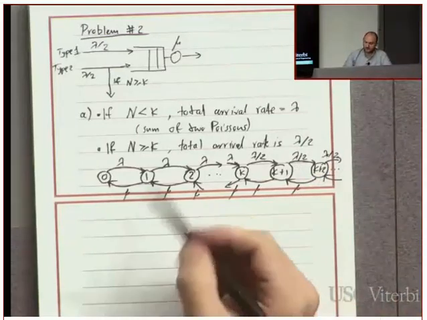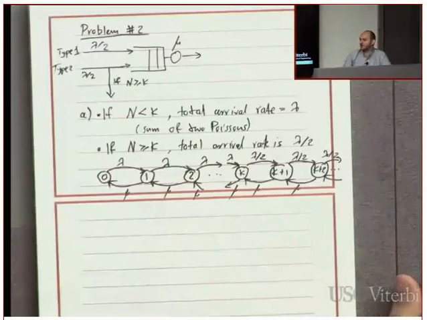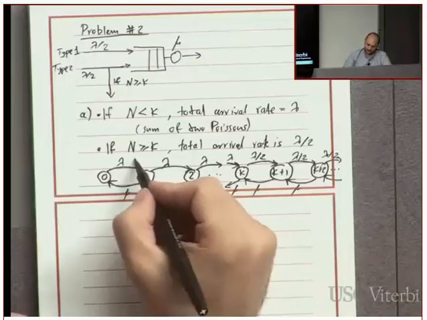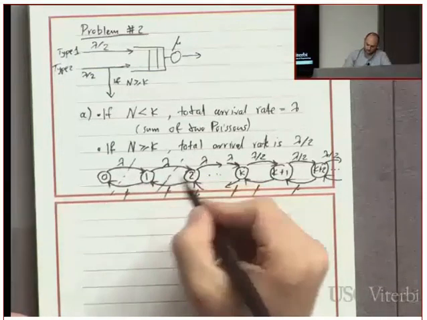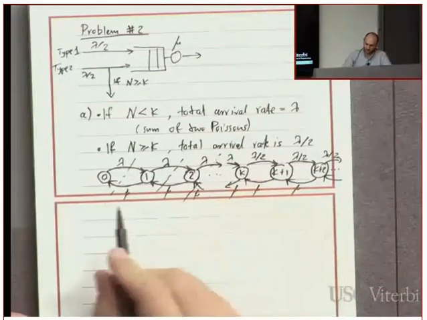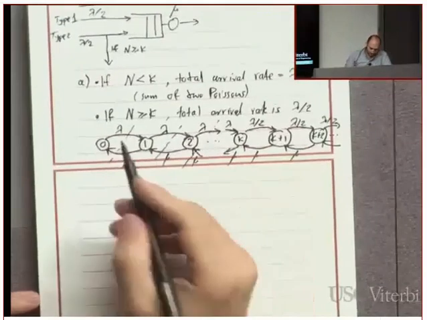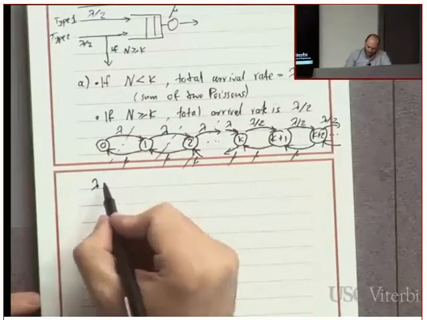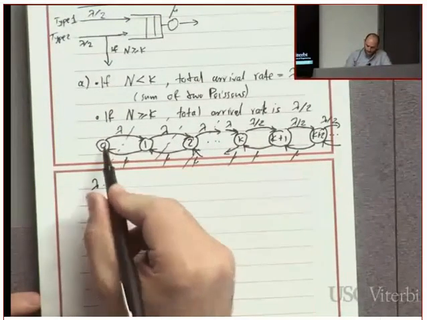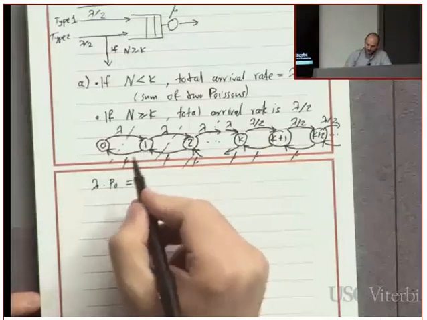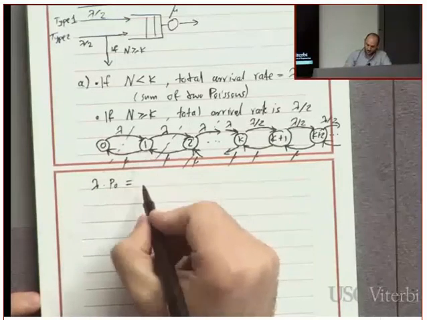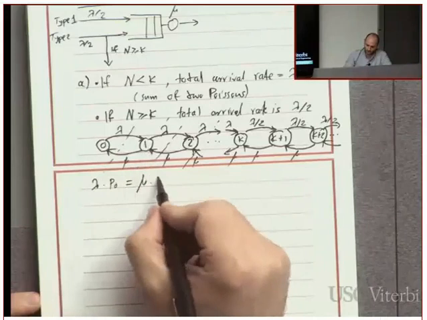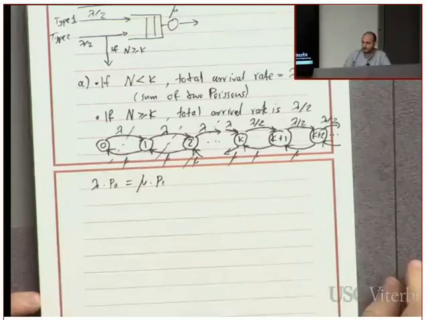Now, do you remember the tricks to calculate the balance equations? How do we do it? We just cut the chain in two halves, and then we say lambda times the probability of being at state 0 is equal to mu, which is the rate we go out of state 1, times P1, right?